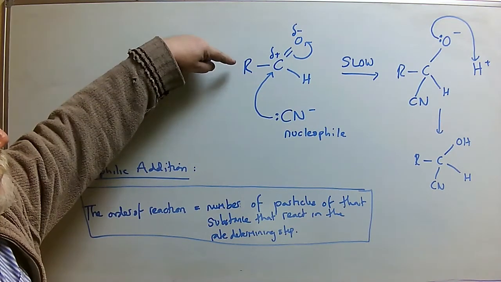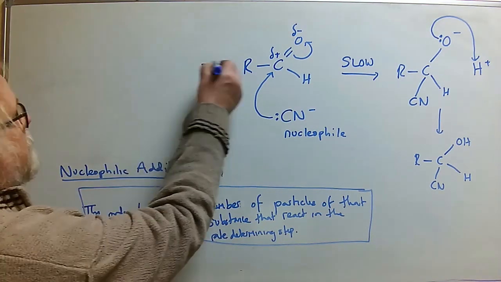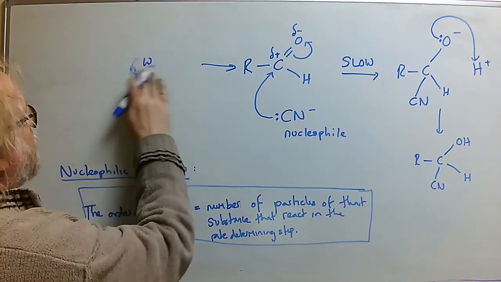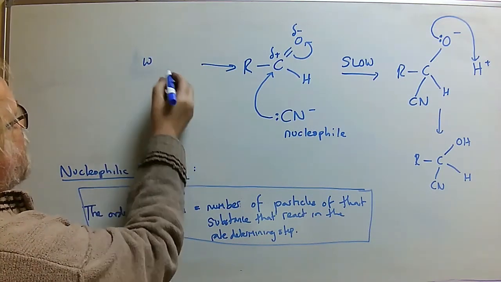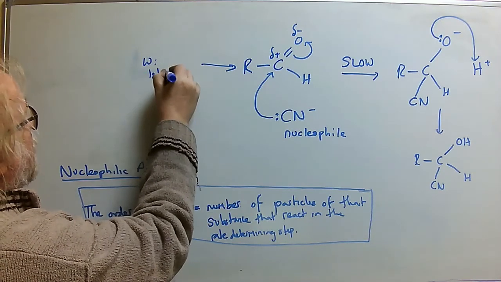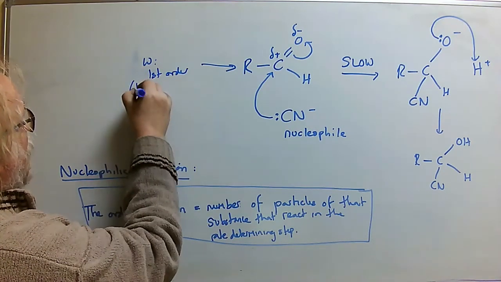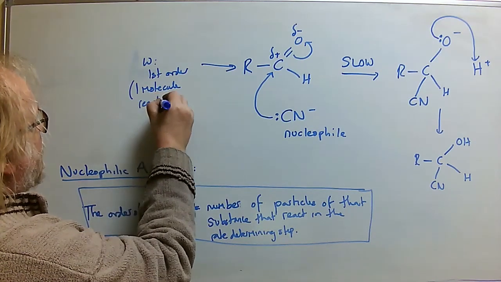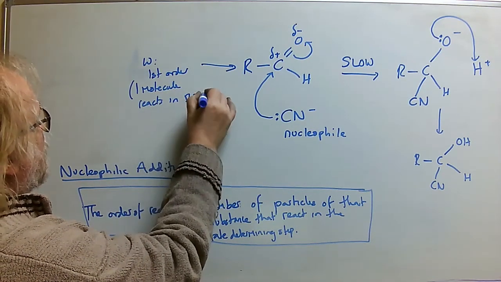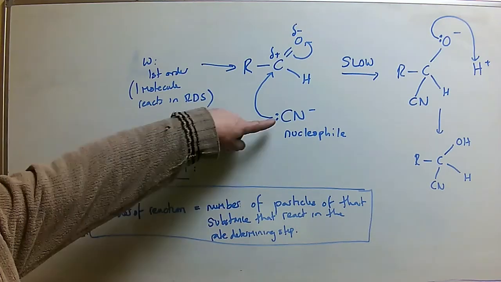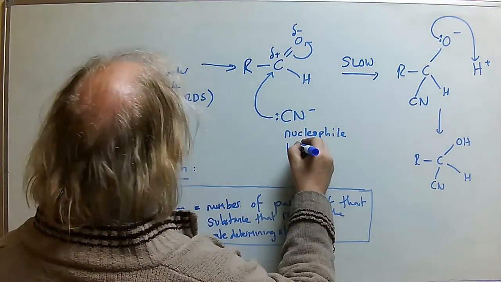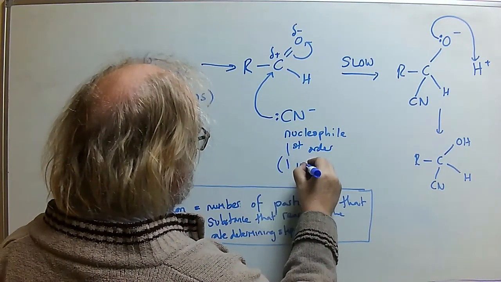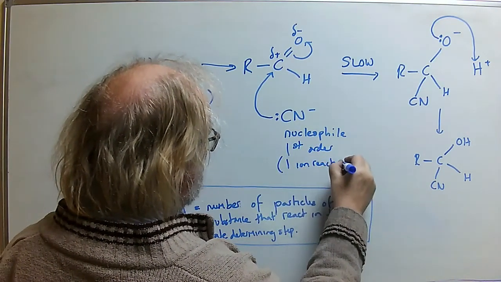So you've got one molecule of aldehyde, which is compound W. W is the aldehyde, will be first order because one molecule reacts in the rate determining step. CN- will be first order because one ion reacts in the rate determining step.